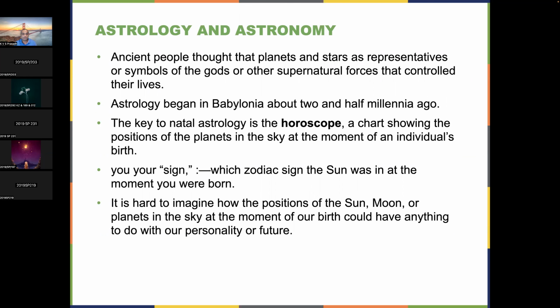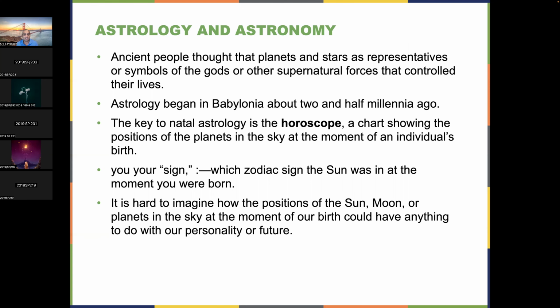The subject of astrology began in Babylonia about 2.5 millennia ago, and the key to natal astrology is something called the horoscope, which we are still using. It represents a chart that shows the position of the planets in the sky at the moment of an individual's birth, right?